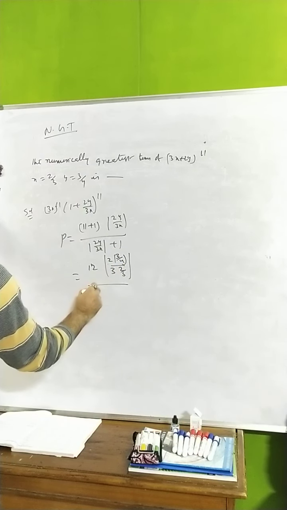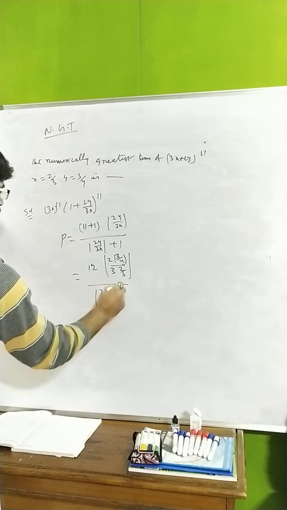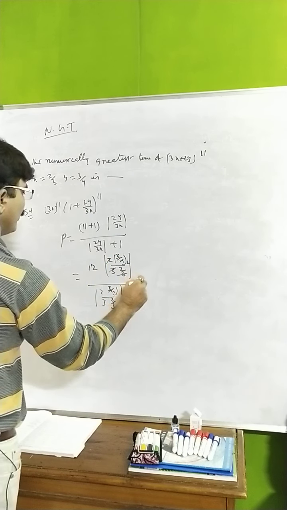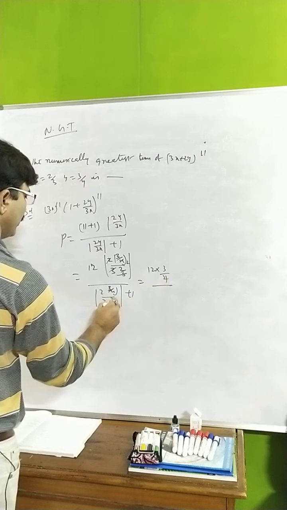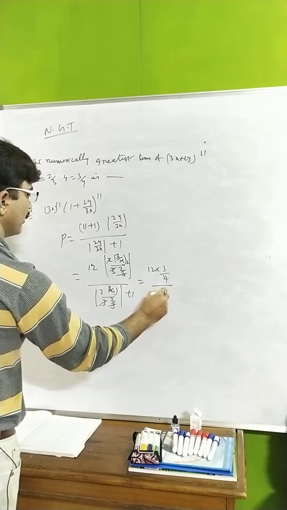No problem, sir. We write here 2 into 3 by 4 over 3 into 2 by 3, plus 1. Yes, 3 is gone, 2 is there, you can cut it off. We have here 12 into 3 by 2 over 3 by 4, and in the same way this is also gone, 3 by 4 we are getting in this one, plus 1.